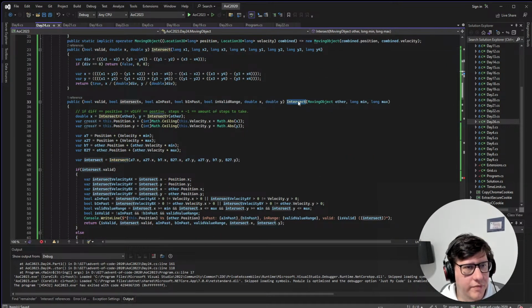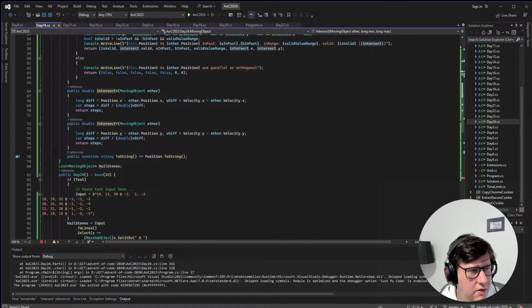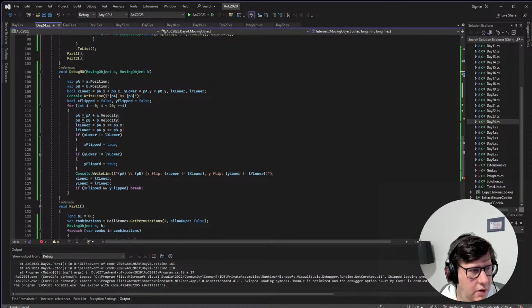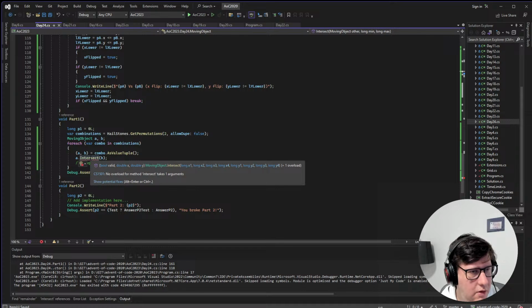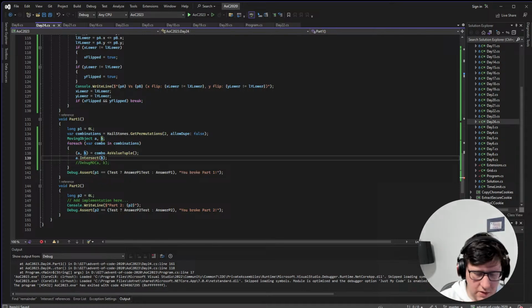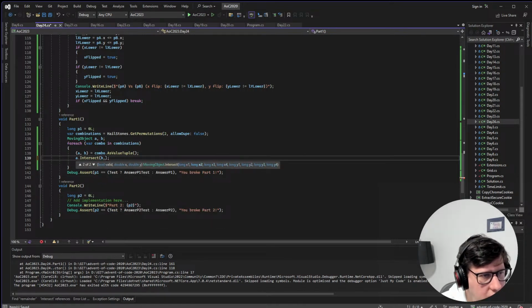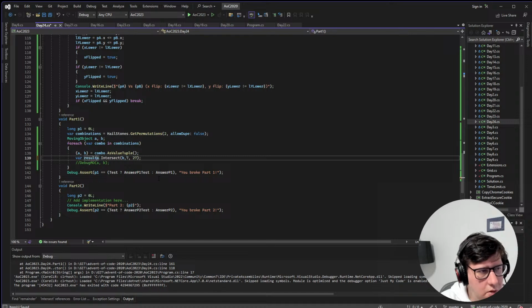Okay. So now I can do for each and do the intersect. Takes one argument. Yes, it does, because there's two of them. 7,27. Okay.